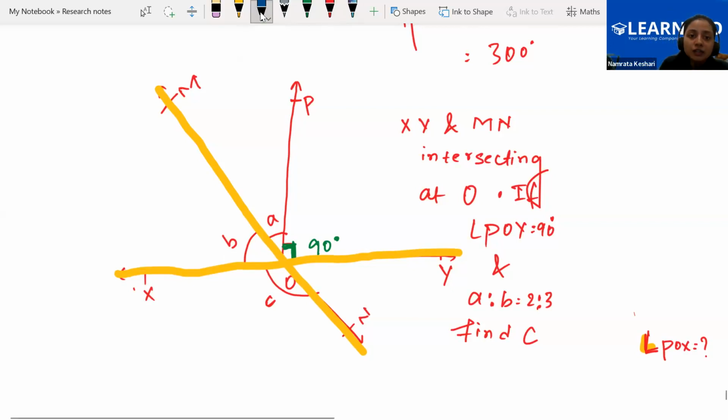POX and POY, this angle and this angle, all this blue angle combined together will make 180 degrees, right? So we can say linear pair, or we can use the axiom also, that if a ray stands on a line, then the sum of adjacent angles will be 180 degrees.